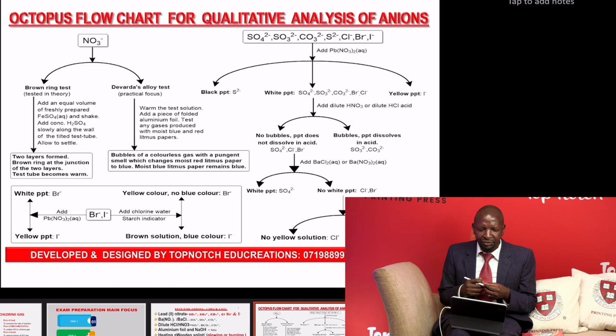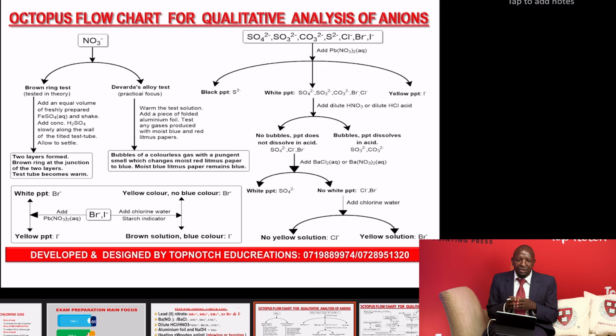So as you can see in the projection on the screen, we have the Octopus flowchart for qualitative analysis of anions.